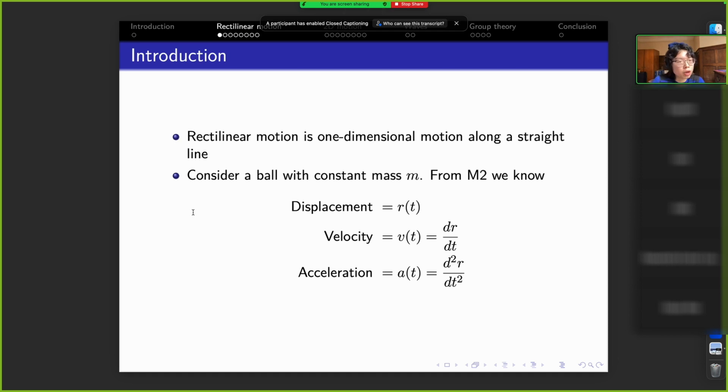Rectilinear motion is one-dimensional motion along a straight line. If you imagine there's a straight line here, and I want to describe the motion of this white object, I'm saying that I only allow this white object to move along this y-axis. This is usually the framework that we're dealing with in secondary school physics.